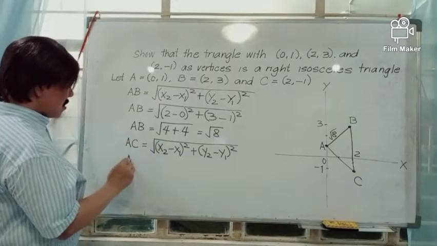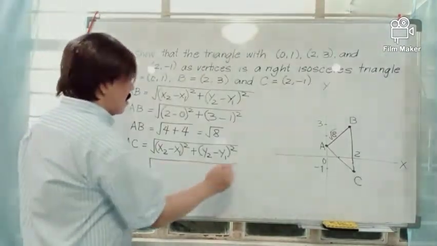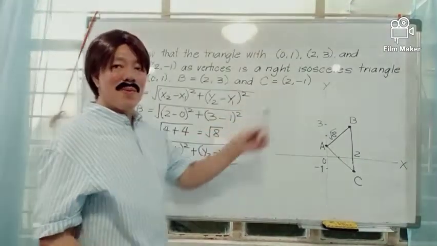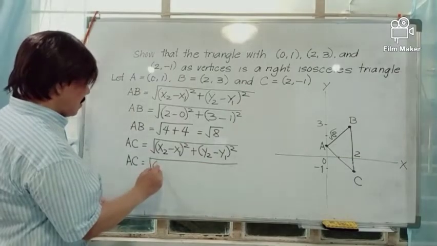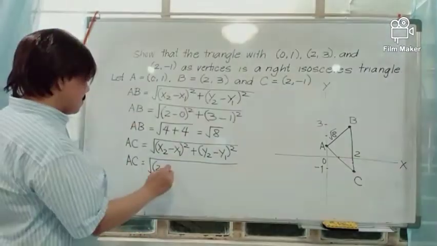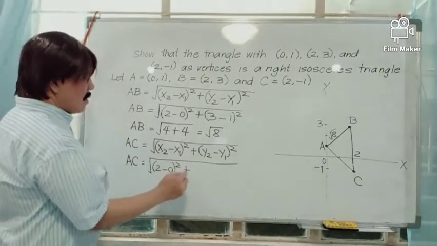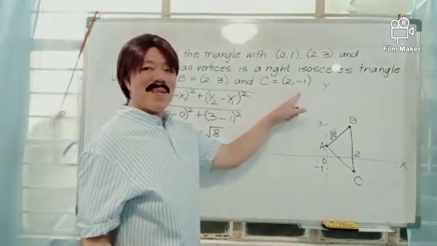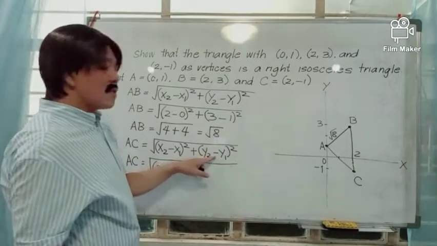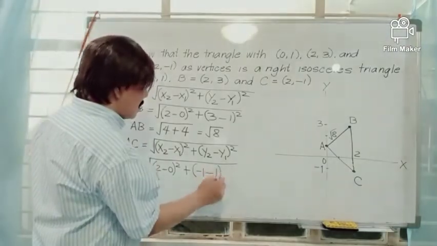We write AC is now equal to the principal root of x2, which is 2, minus x1, 0, to the power 2, plus y2, the ordinate of C, negative 1, minus the ordinate of A, 1, to the power 2.